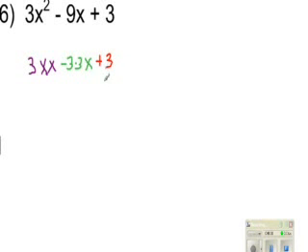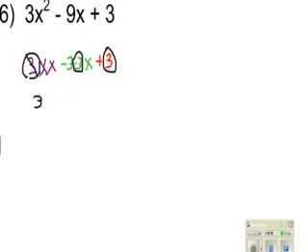There we go. Okay, so when you look for the common factors, this is 3x, this is 3x, this is 3. You can see there's a 3 in every term, but that's the only common factor. So the only thing that you can pull out is 3.